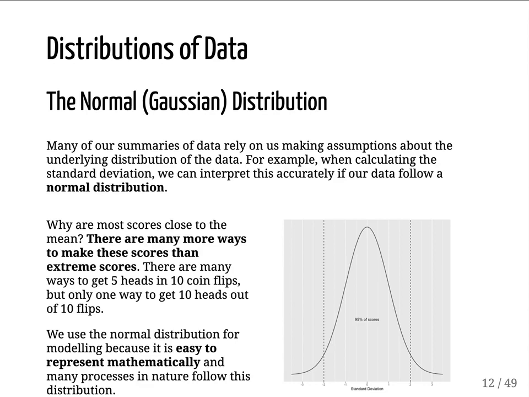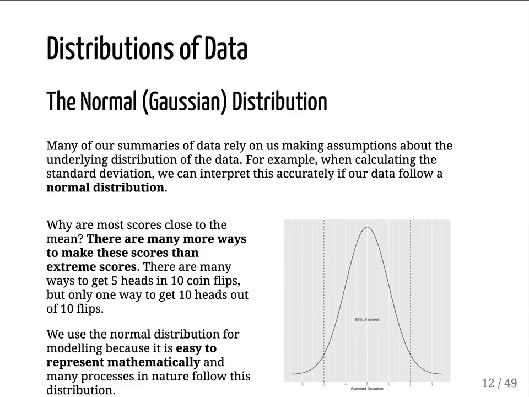Or I might get 2 heads, 2 tails, 2 heads, 2 tails, and on and on. Or you can randomly shuffle these in some way, but there's so many different ways for using basically these 10 coin flips that I can produce 5 heads. So this is why this is the most common measurement for me to get if I'm looking at these 10 coin flips, essentially.